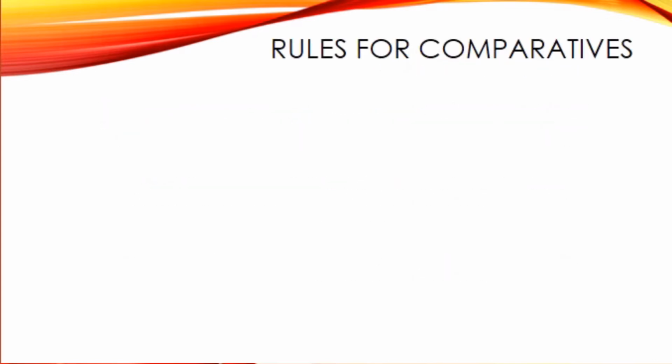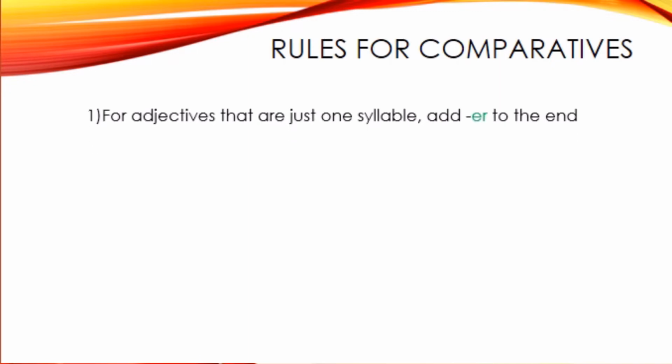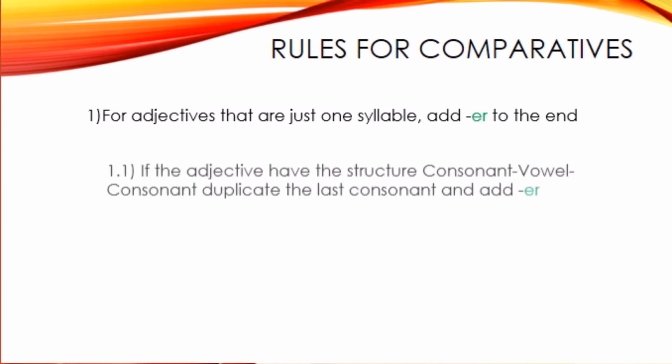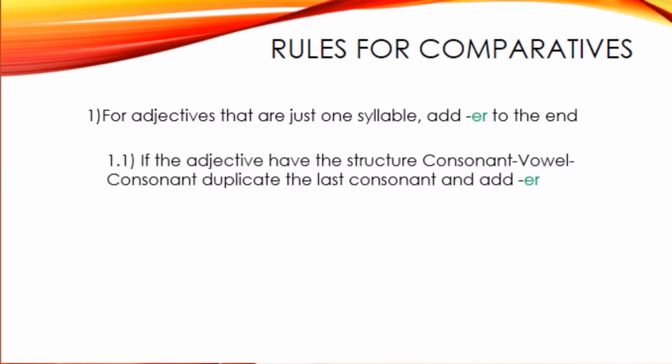Rules for comparatives. Number 1. For adjectives that are just one syllable, add er to the end. 1.1. If the adjective has the structure consonant, vowel, consonant, duplicate the last consonant and add er at the end.